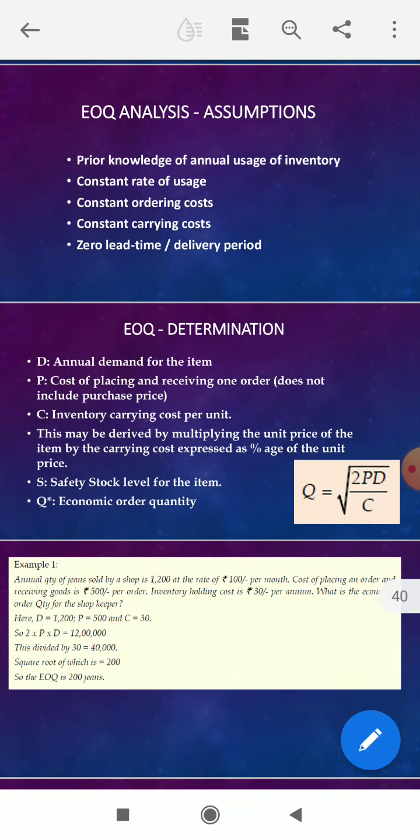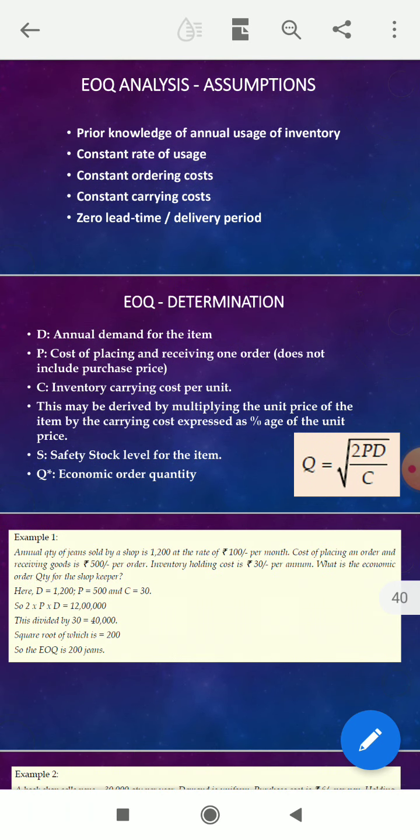For example, the annual quantity of jeans sold by the shop is 1200, at the rate of 100 per month. Cost of placing an order and receiving goods is 500 per order. Inventory holding cost is 30 per annum. What is the economic ordering quantity? Here D is equal to 1200, P is equal to 500, C is equal to 30.